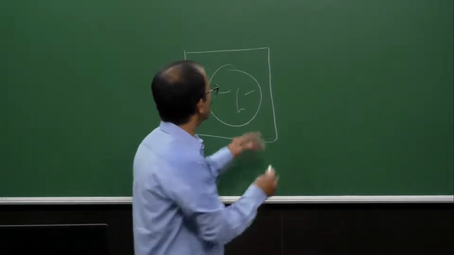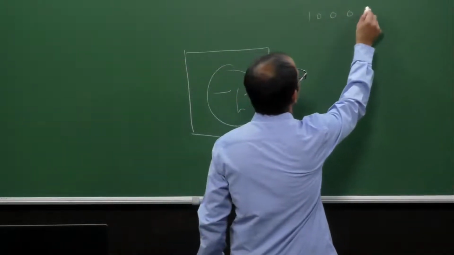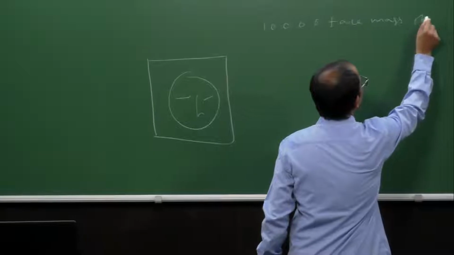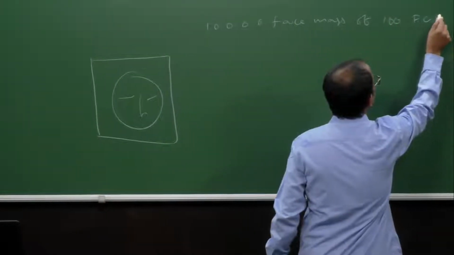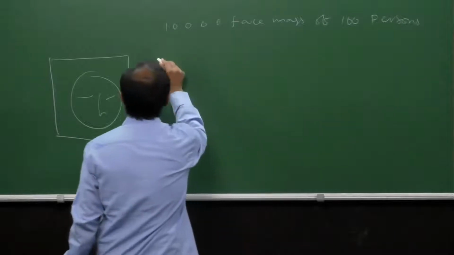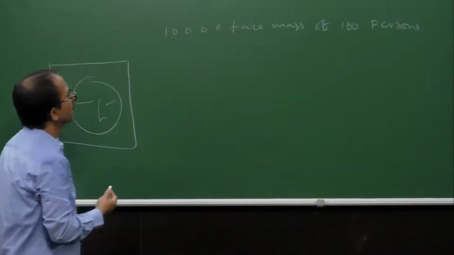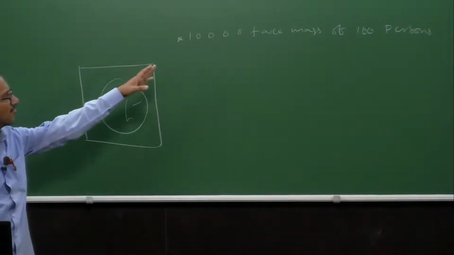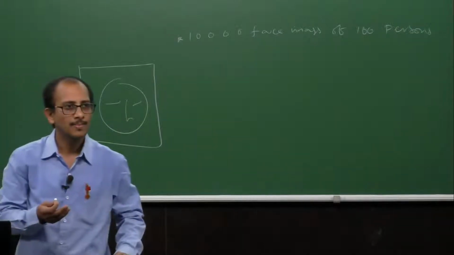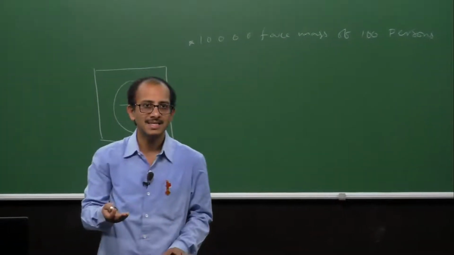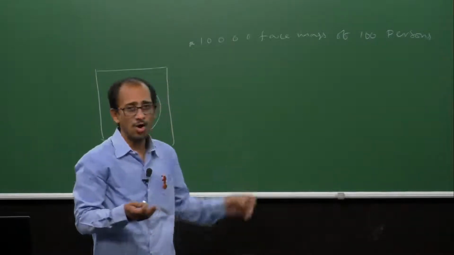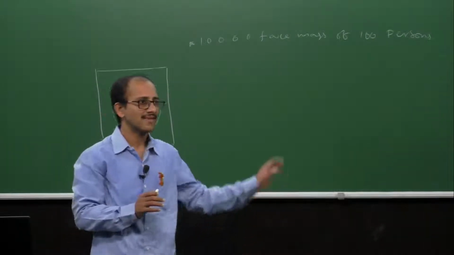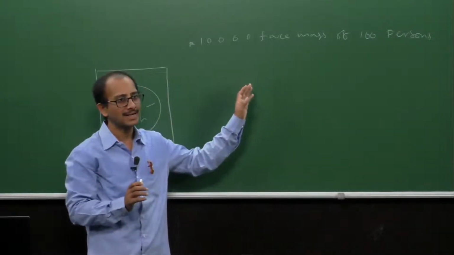Say we have 10,000 face images of 100 persons, and the problem is, given a test image, these 10,000 face images of 100 persons are labeled data, in the sense that we know out of these 10,000 how many belong to the first person, how many belong to the second person and so on. So you can consider this as labeled data or training data.